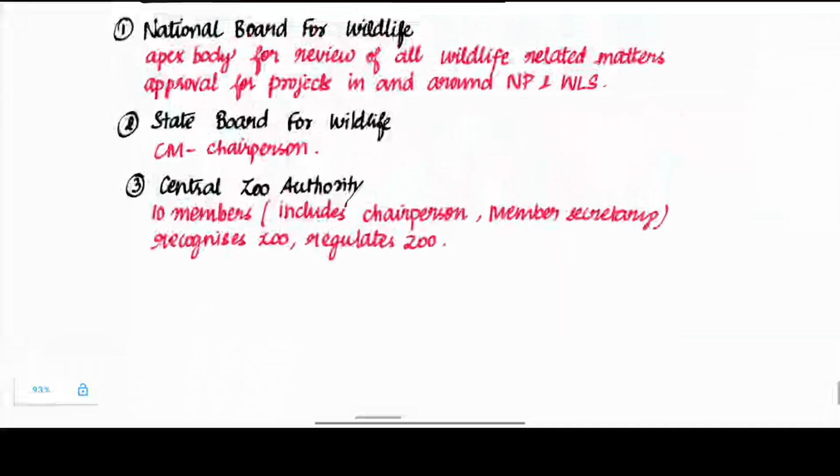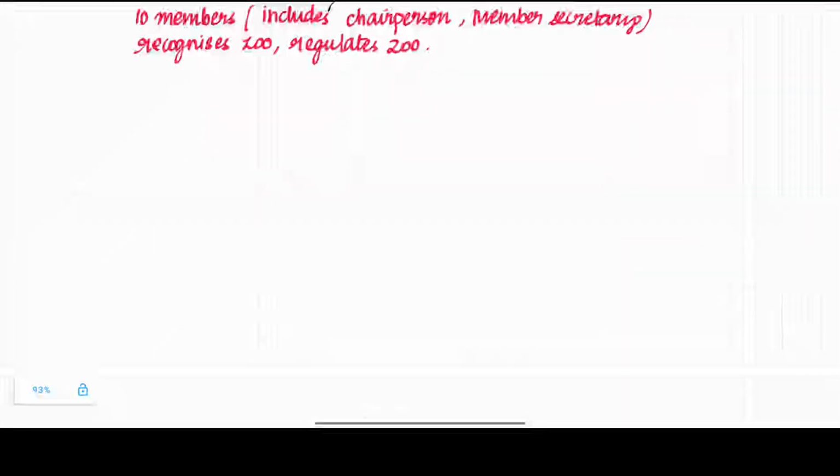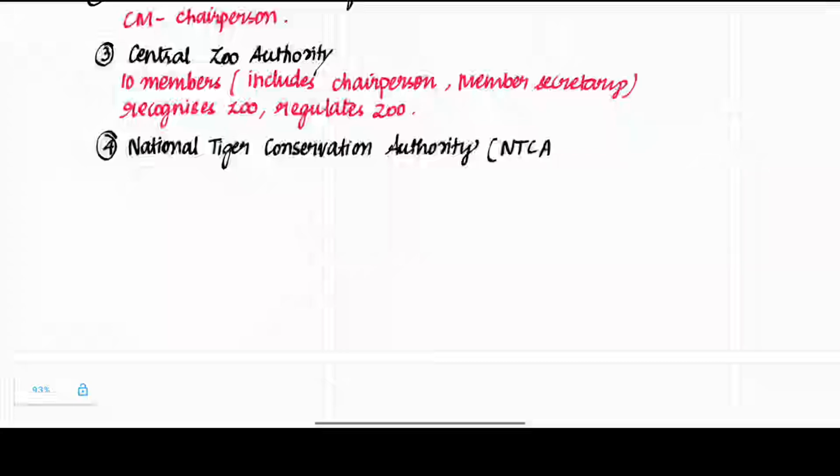Next, we have the National Tiger Conservation Authority. As far as now, we have seen 3 boards. Remaining 2 boards are there which are constituted under this act. The 4th one is the National Tiger Conservation Authority, NTCA. This was in 2005 for strengthening tiger conservation.